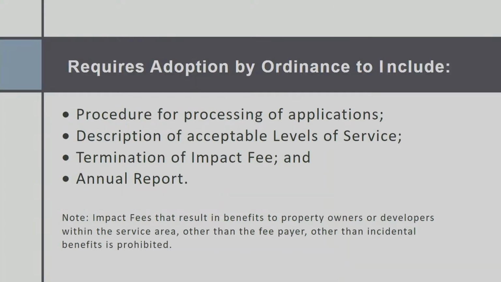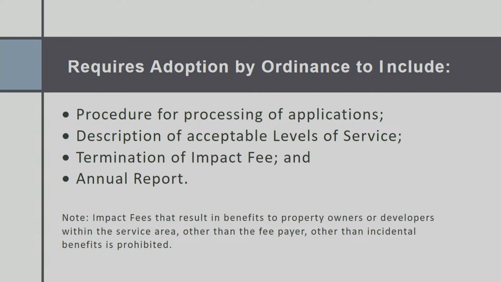The requirements for adoption by ordinance must include a procedure for processing of all applications, a description of acceptable levels of service, a termination of the impact fee, which is that 3 years that I just described earlier, and an annual report of the accounting of the funds every year.